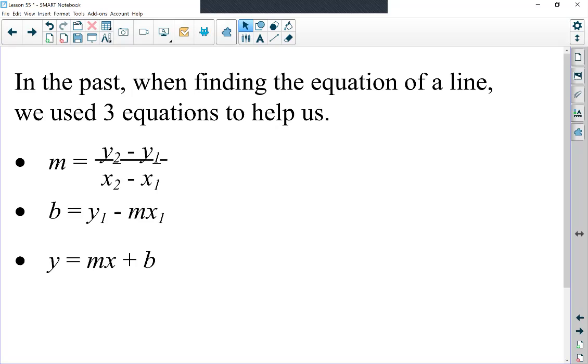So this b is the y-intercept, and you take your y value minus the slope times the given x value. And then, of course, our slope-intercept form of an equation, y equals mx plus b.